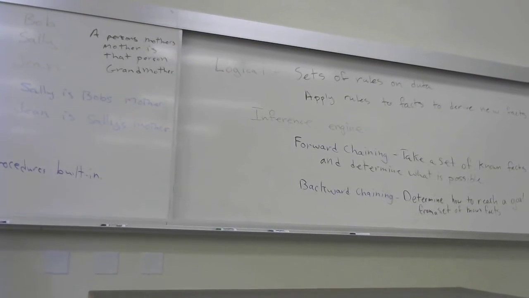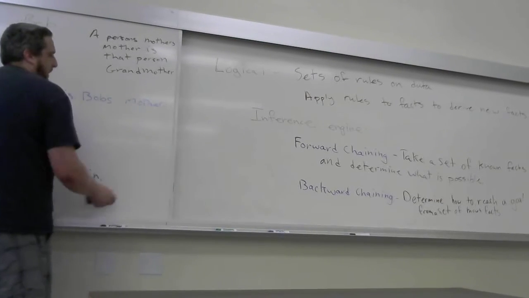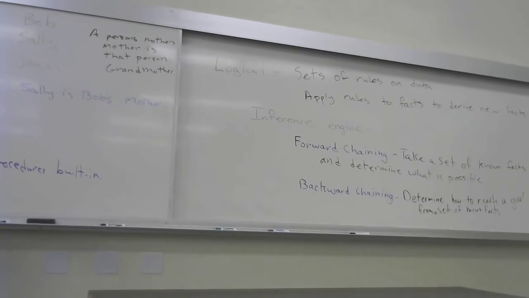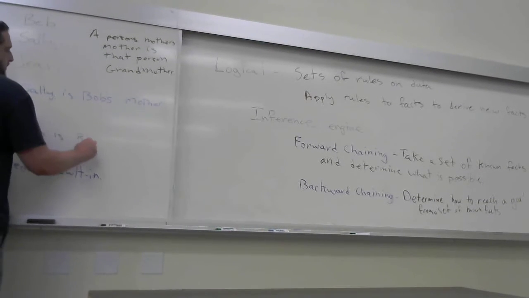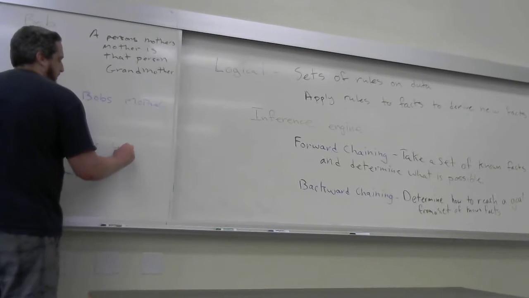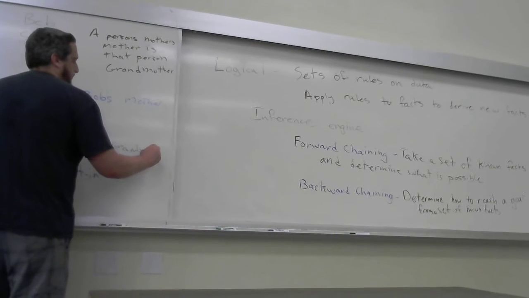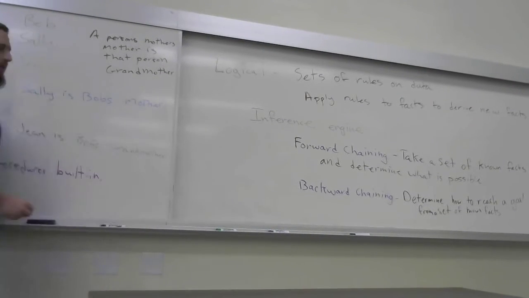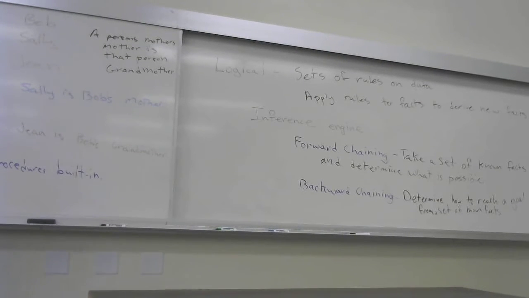As an example, let's suppose that we only have Sally as Bob's mother. That's the only rule we have, right? And the goal that we want is Jean is Bob's grandmother. Right? That's what we want. We have no information regarding Jean and Sally right now.